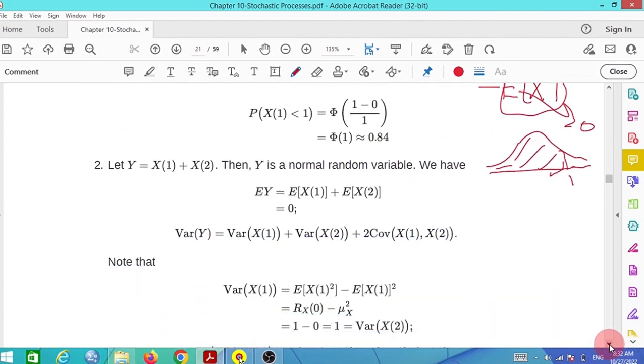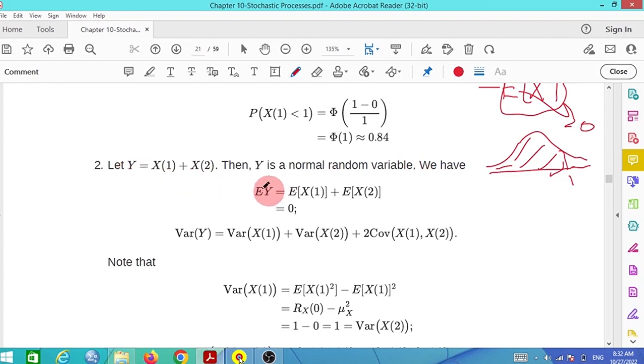Similarly, take Y equal to X1 plus X2. Then Y is a normal random variable, because as we said above, if X1 and X2 are normal, each linear combination of them is normal.